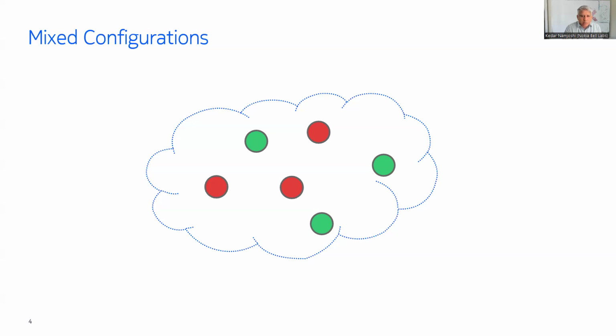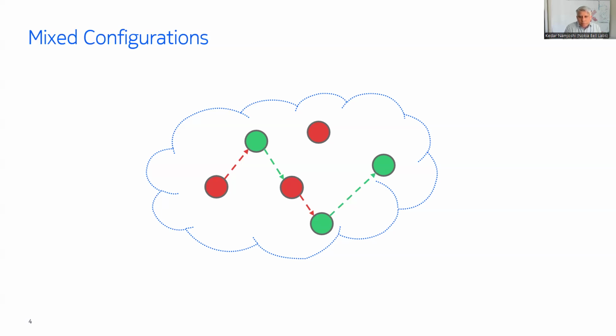And if the packet routes are not carefully controlled, you can have a packet that starts at this red router, goes to the green one, is then routed to a red router, which then goes to a green one, and so forth. So the path that the packet follows is not entirely red and it's not entirely green, and we have no guarantees about what it can do.